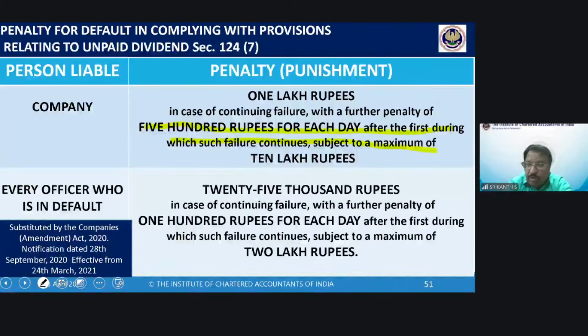Earlier, it was felt to be such a heinous offense that it was fine and imprisonment. Now they've removed the imprisonment because in 2020, by the Amendment Act of 2020, they decriminalized the Companies Act. The Companies Act had stiff provisions for arrest and imprisonment.